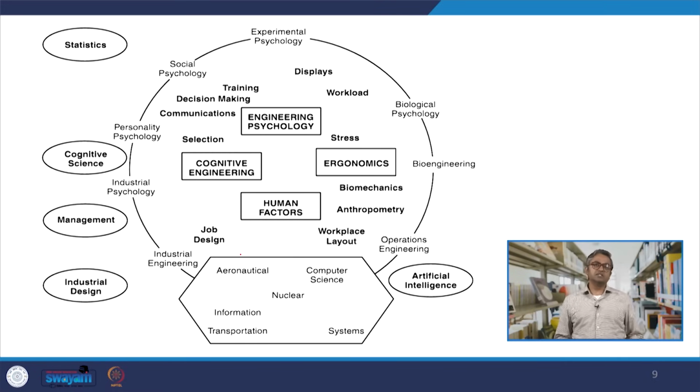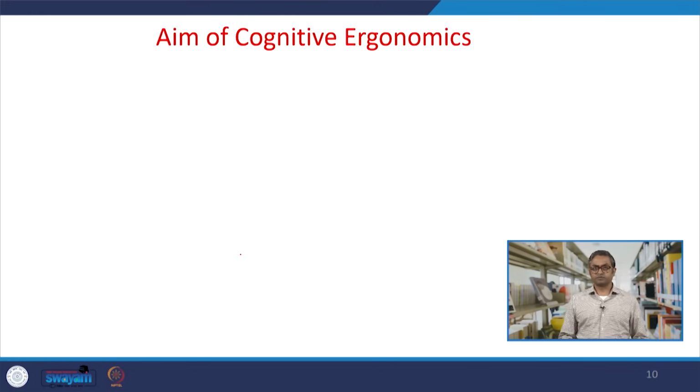In recent years, we have been gaining an in-depth understanding of human cognition and the role of human cognition in the workplace setting and in human factors.